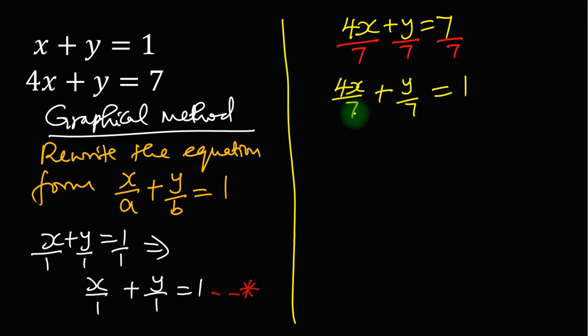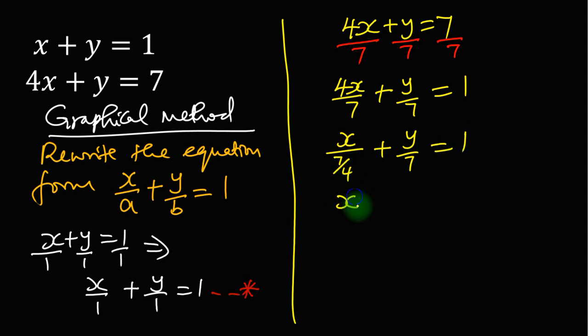But 4x over 7 we can also write by dividing the numerator by 4 and the denominator by 4, so we get x over 7 over 4 plus y over 7 is equal to 1.